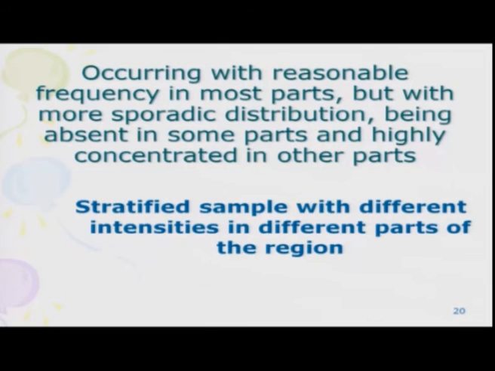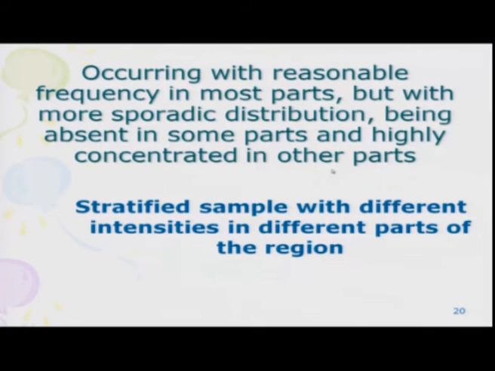So, obviously, a stratified sample with different intensities, or different sample fractions, in different parts will be required. It is a case of a heterogeneous population, and something is sporadic, meaning absent in some parts and highly concentrated in other parts.